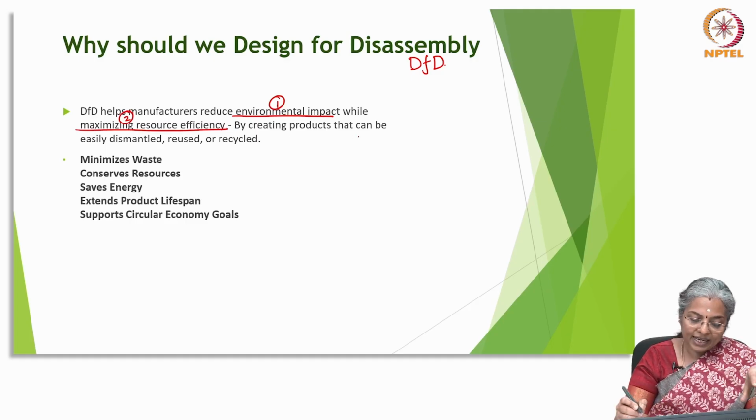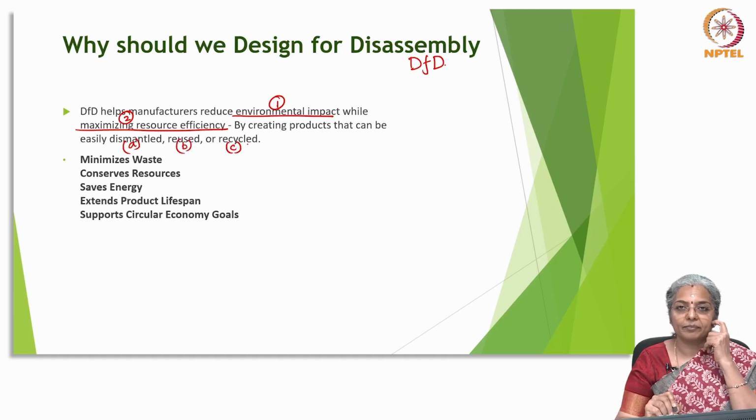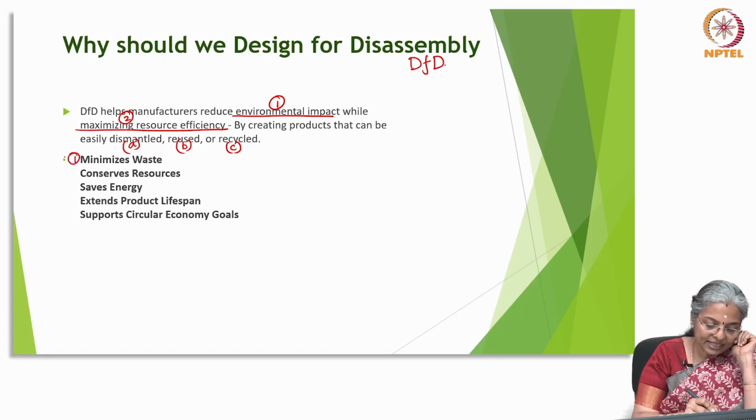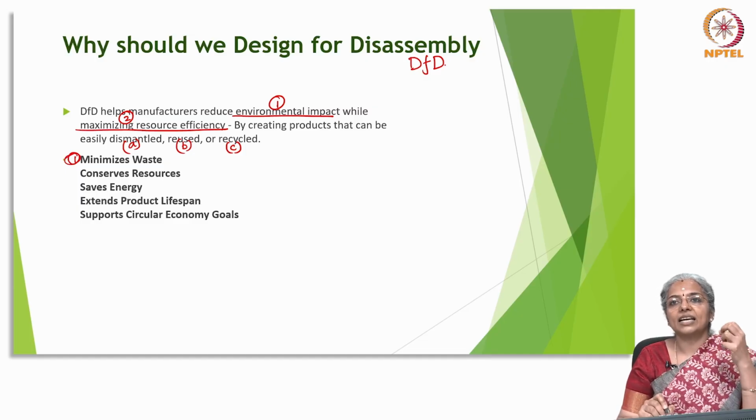This happens by creating products that can be easily dismantled, reused and recycled. So, how does this happen? First is by minimizing waste. So, what is minimizing waste? It simplifies the recycling and repurposing and therefore reduces landfill contributions.